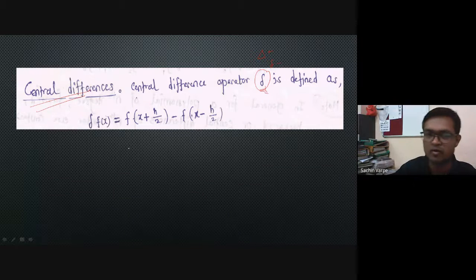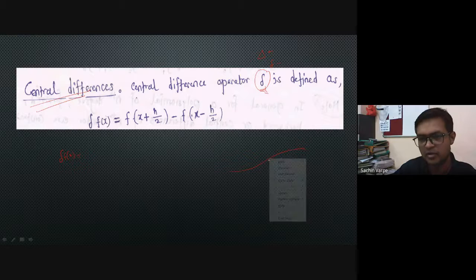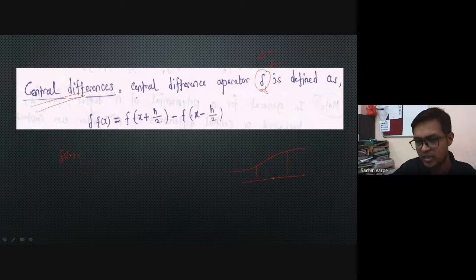Okay. So when I operate delta onto f of x, so central difference मतलब अगर आपका ये function है किसी particular value पे, ठीक है, मतलब in this particular interval, so what we'll do, we'll find the center of that, and then from the center we'll take a difference to the left and to the right from that point, and दोनों का difference will be the central difference.